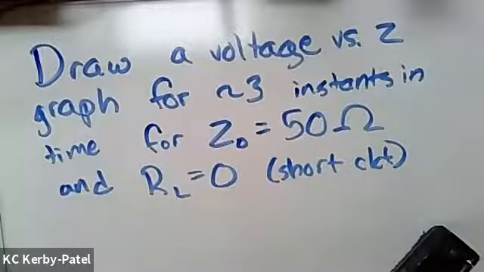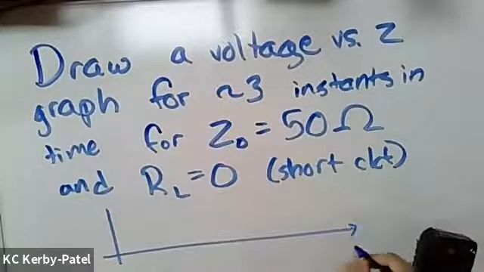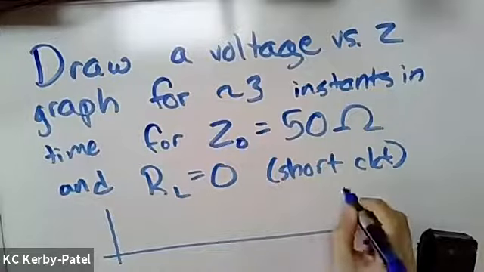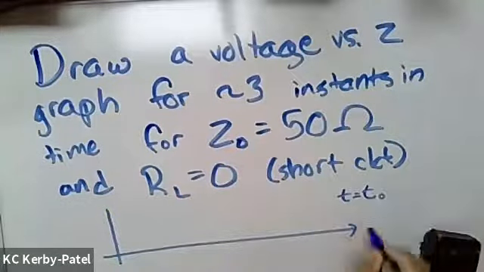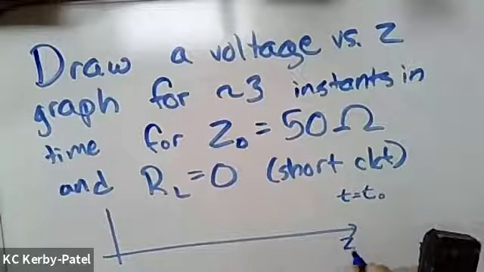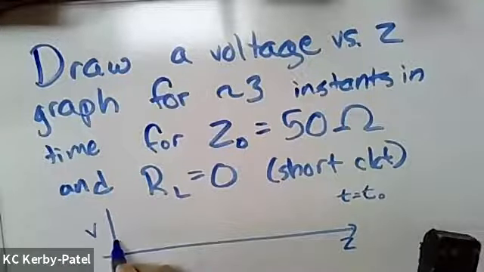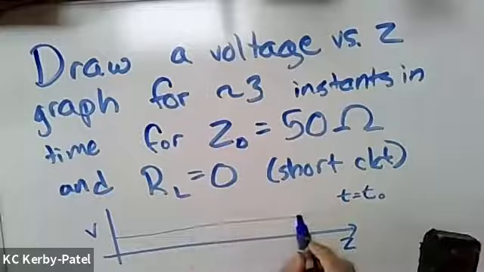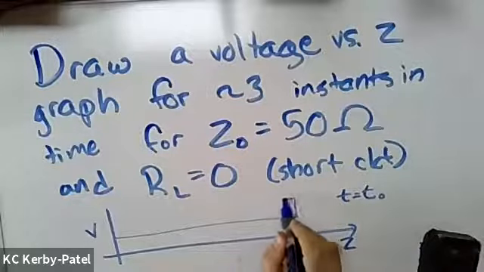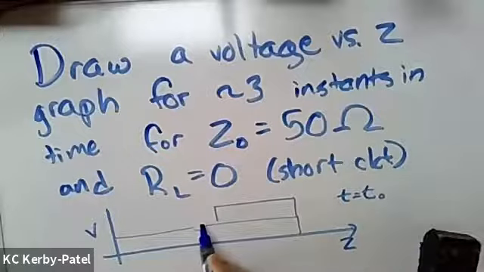I'm going to put you in breakout rooms and let you try this out. So just like I was doing earlier, I want you to draw graphs like this for a specific value in time. So t equals some value, and then you've got a plot versus distance, and this is the voltage. And try to draw your forward going and backwards going voltage waves separately. So you might end up with something like this.